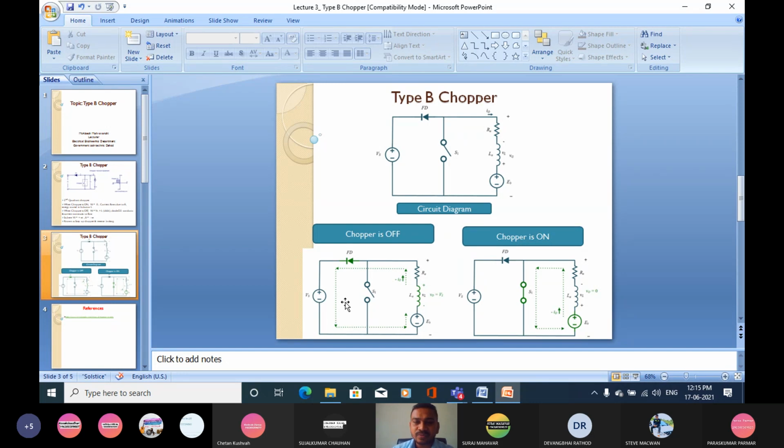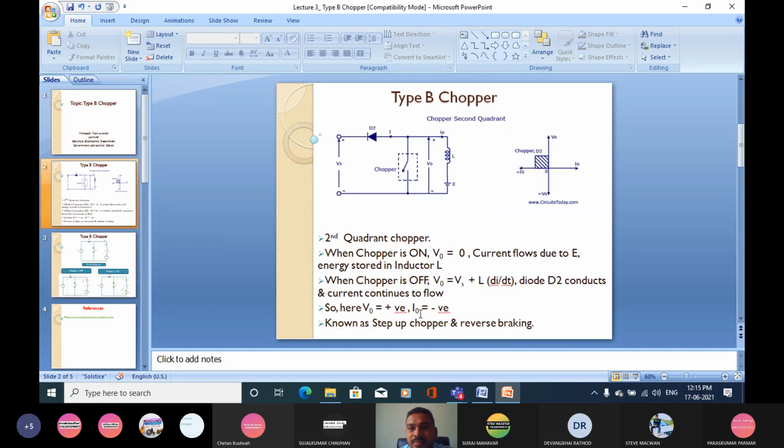Okay, I0 is negative, but output voltage is positive. Here the output voltage is 0, and here the output voltage is Vs plus VL, that is positive. So in type B chopper, the output voltage becomes positive and output current becomes negative, because current flows from load to source in this direction.